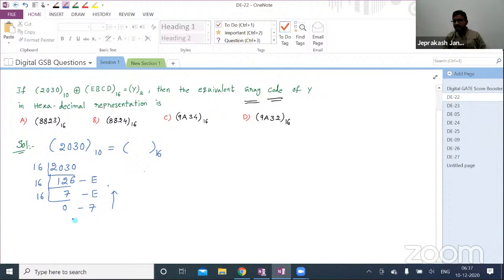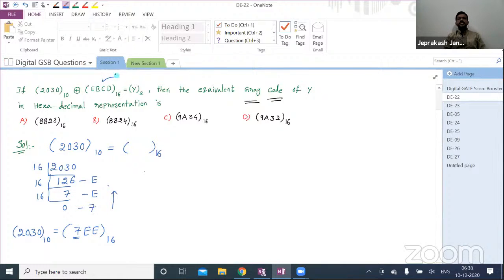So that means 7EE. 7EE is the corresponding hexadecimal number for the decimal number 2030. Whatever remainder you got last will be your starting digit while you're writing from left to right. So 7EE is the corresponding hexadecimal number for decimal number 2030.